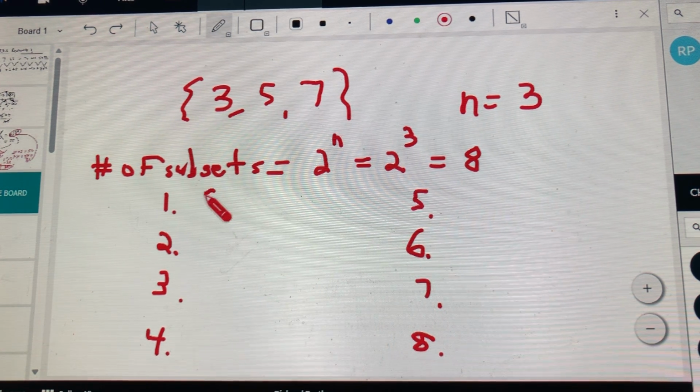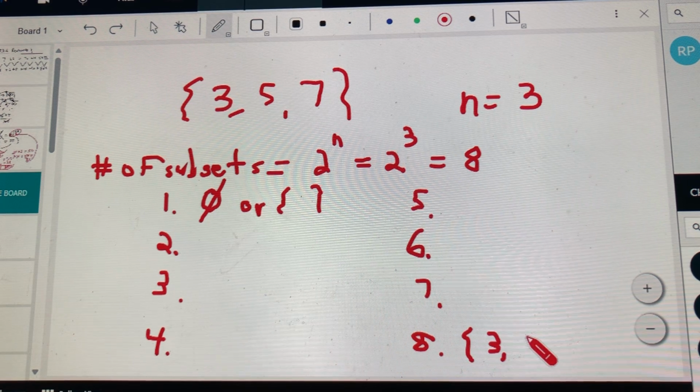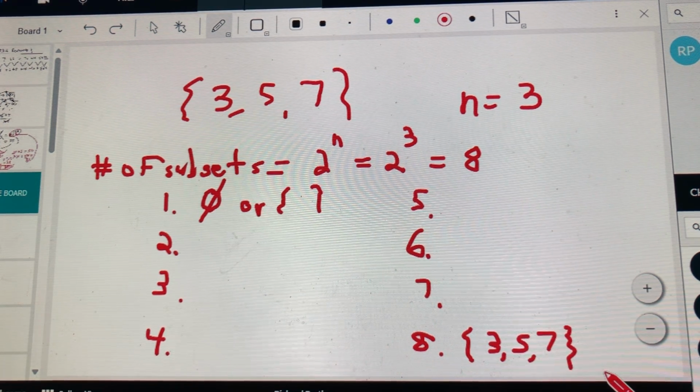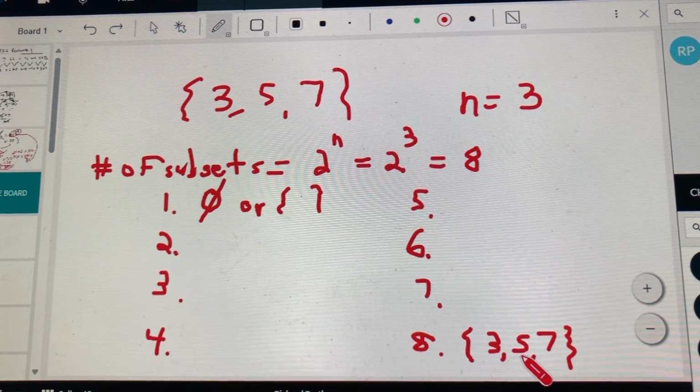You always get the empty set, which can be written that way, or with just empty squigglies, but don't do both. And as long as you're doing regular subsets, you can also always include the original one too. And then there's such a thing as proper subsets where all we do is take that one away. So there's one size 0 subset and there's one size 3 subset. There's 3 size 1s and there's 3 size 2s.